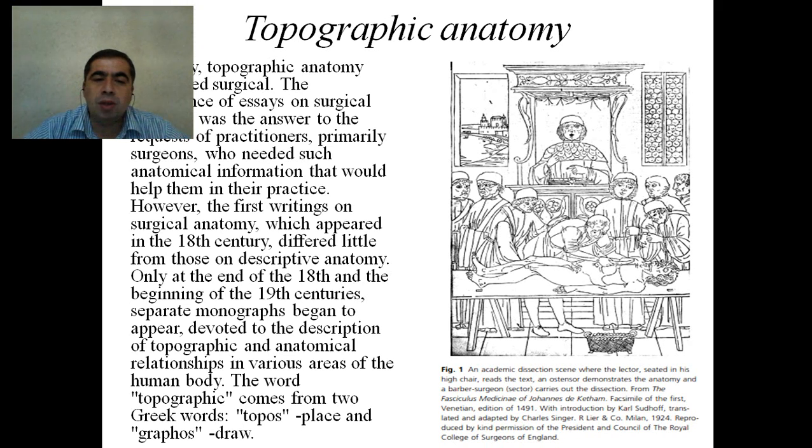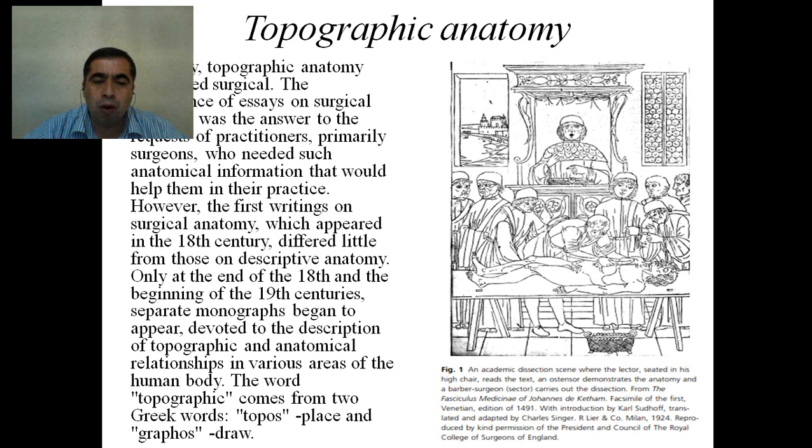Only at the end of the 18th and the beginning of the 19th centuries, separate monographs began to appear devoted to the description of topographic anatomy and the topographic and anatomical relationships in various areas of the human body.